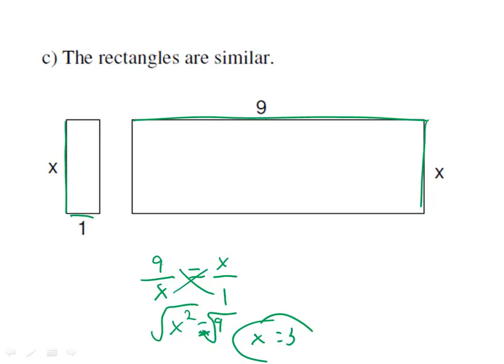I'm matching the corresponding sides, and I'm going to put the larger figure in my numerator and the smaller figure in my denominator. So I have to maintain that relationship in the second fraction. So I have the corresponding sides, x and 1, and I put the side length from the larger figure in the numerator, just as I did in the first fraction. And then it works out.